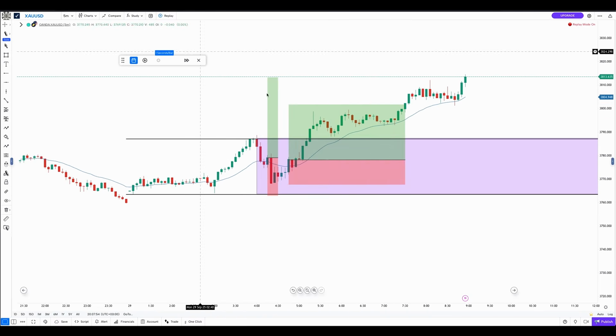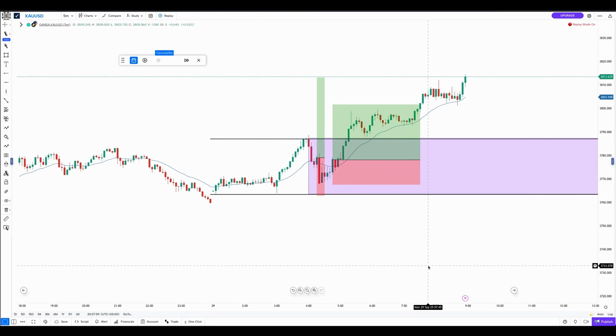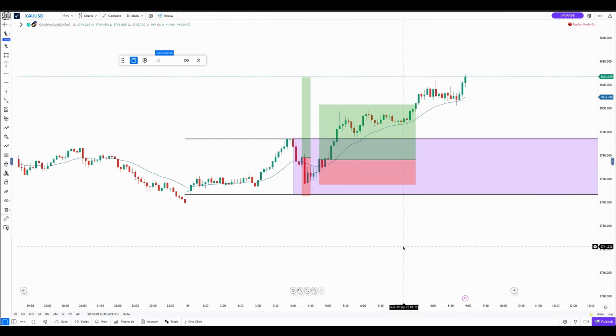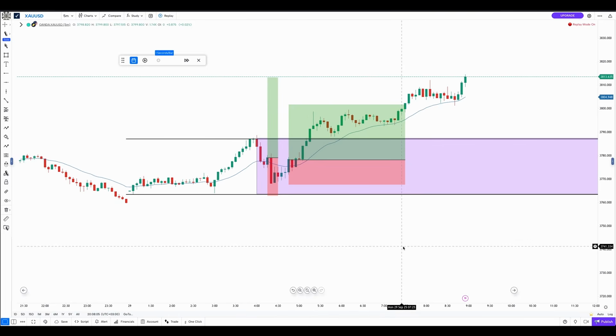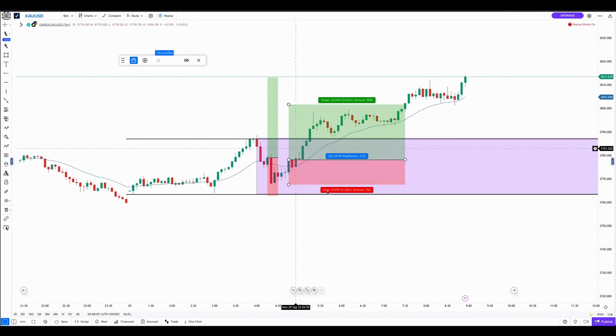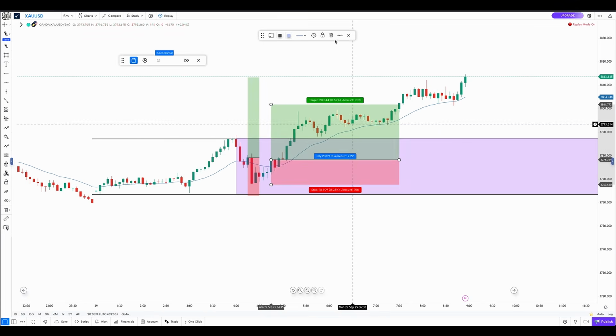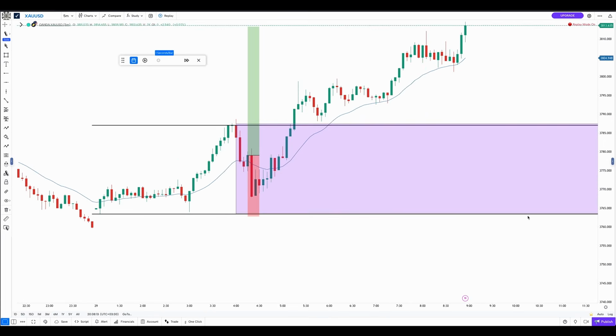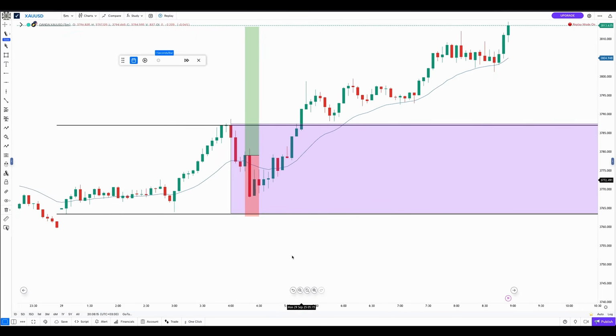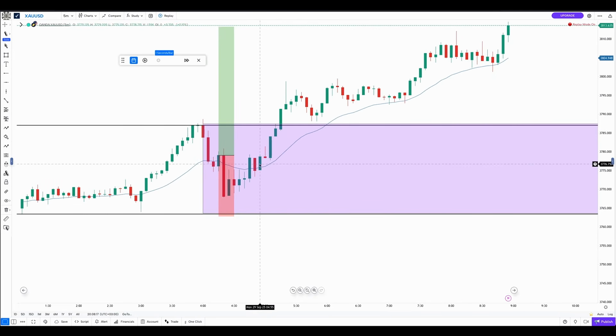Okay, now if you did not want to get an entry using the moving average, you can also use just candlestick patterns. When you see, for example, a big bullish candle engulfing a red candle, you can enter from there. For example, here we can see that this is a very big candle, which breaks the high of this red one.